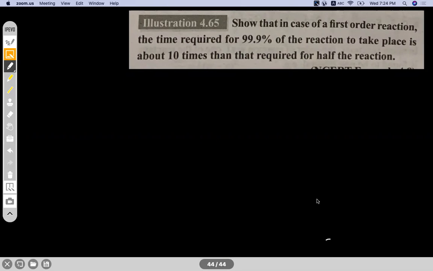Did you do this? Yes. Done. Simple. This you need to prove, right? So just you need to use the expression, and you can do this.